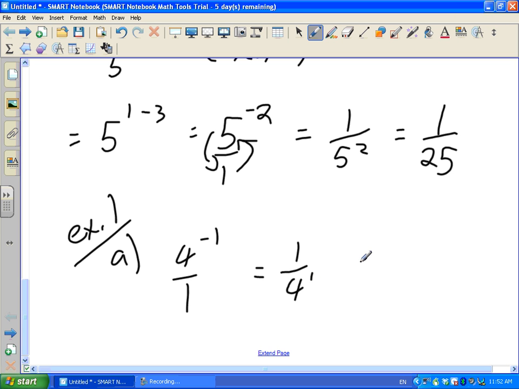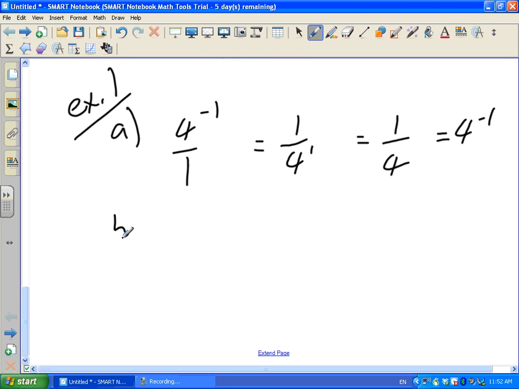And what is 4 to the power of 1? So our original answer, 4 to the power of negative 1, is actually equal to a quarter, 1 over 4. Guys okay with that? B. 8 to the power of 0, what's the answer? 1. That's all there is to it.